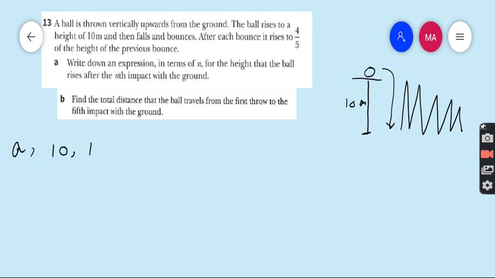On the next bounce, the height was 10 times 4 upon 5, according to the question.